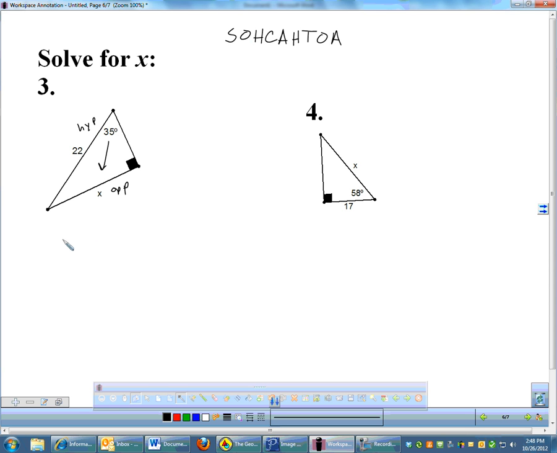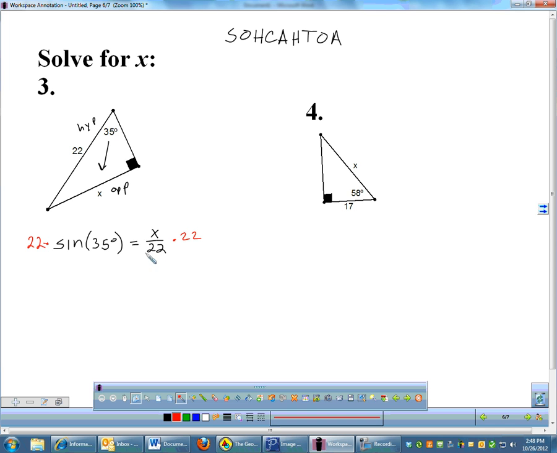So I'm going to set up sine 35 degrees is equal to opposite x divided by 22. Then we solve that equation. We're trying to solve for x, so if it's x divided by 22, we multiply by 22. Over here they cancel, and I get 22 times the sine of 35 degrees is x.